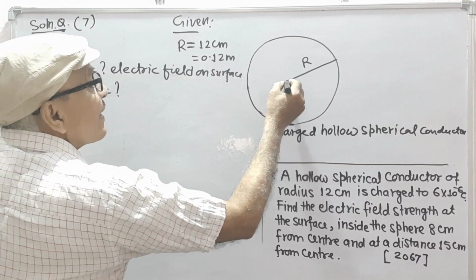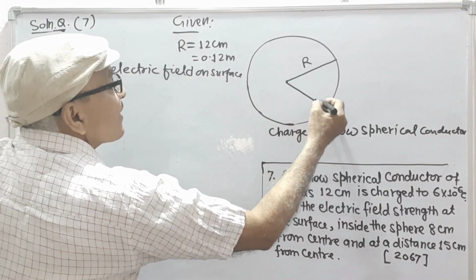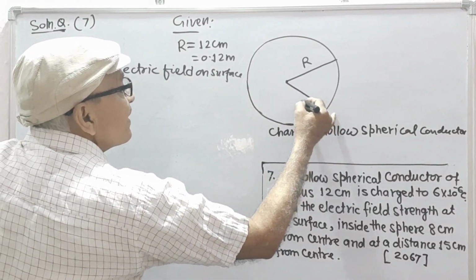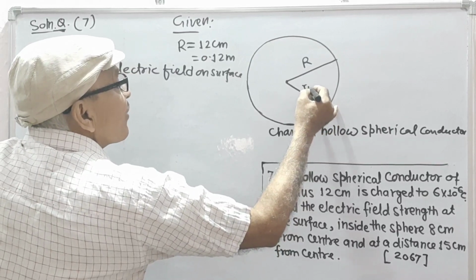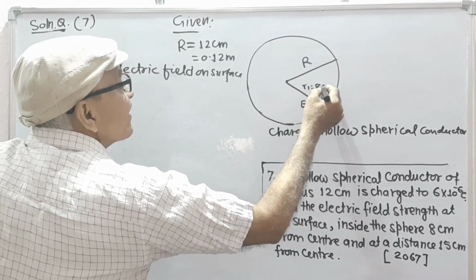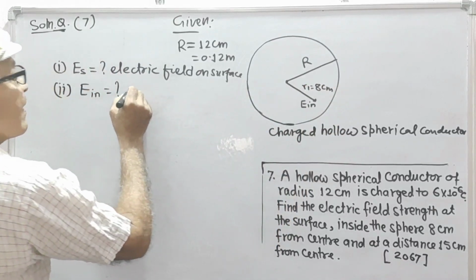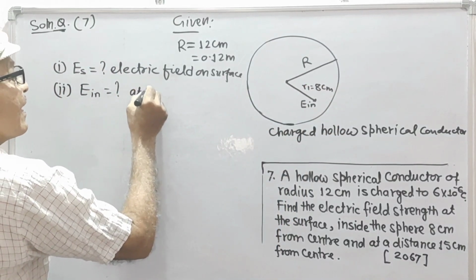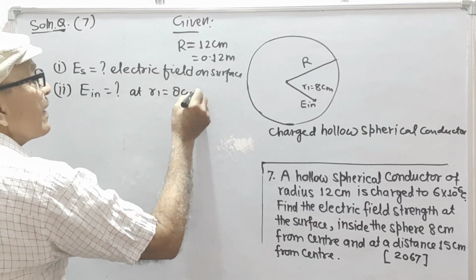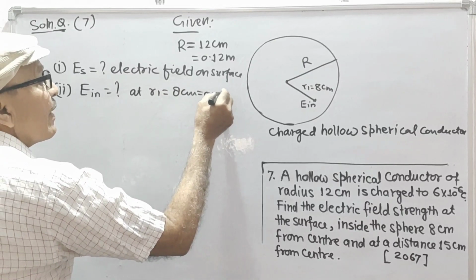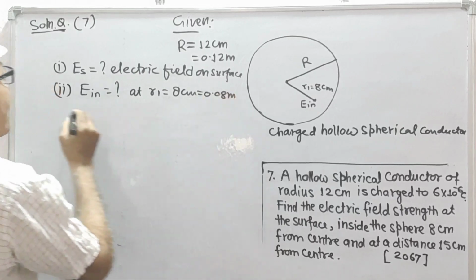Suppose this is the internal point where we have to find electric intensity when R1 is equal to 8 cm, that is 0.08 meter from center.